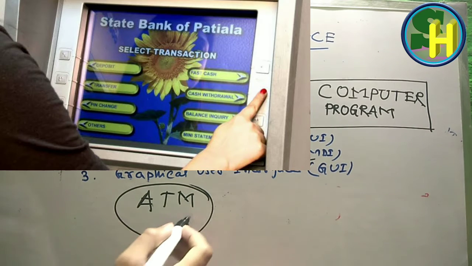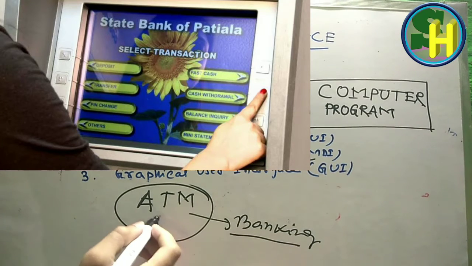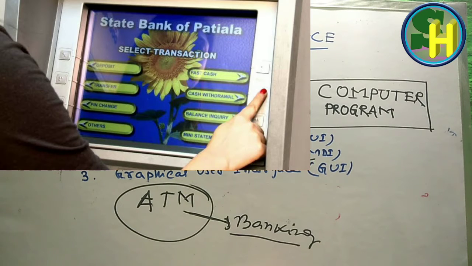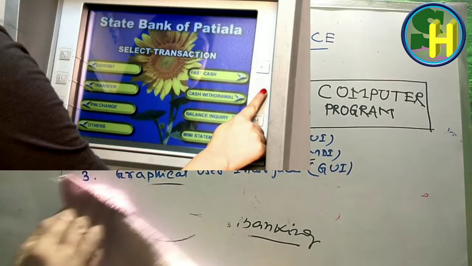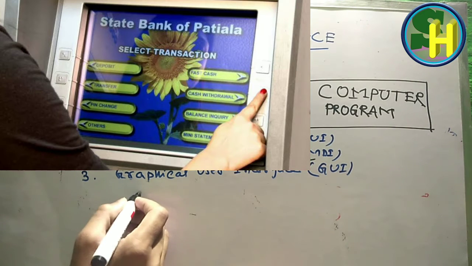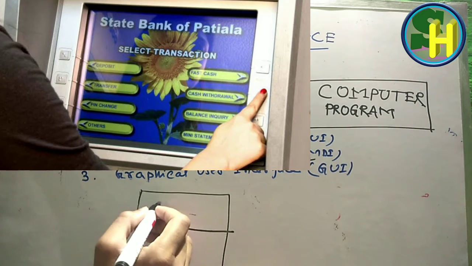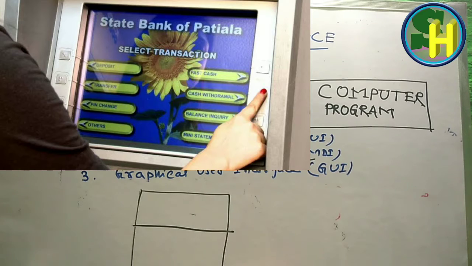That means banking activities are done through the ATM. In the ATM there are different types of menus you can see on the screen, and you just click on the particular menu which is required. Maybe to withdraw money, to see the mini statement, or to transfer money.